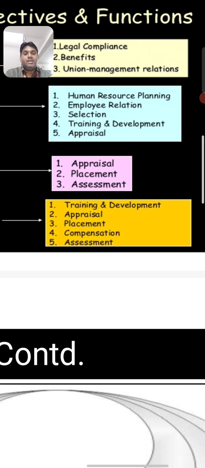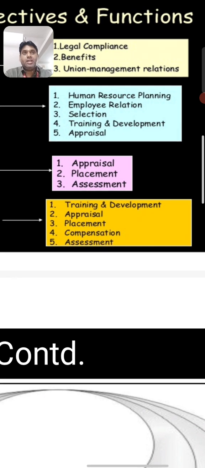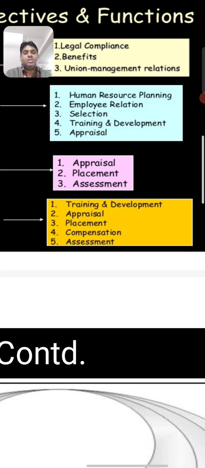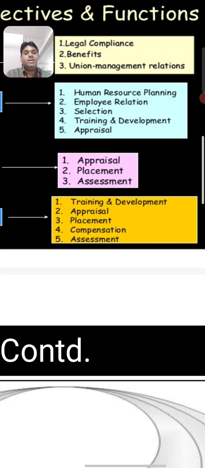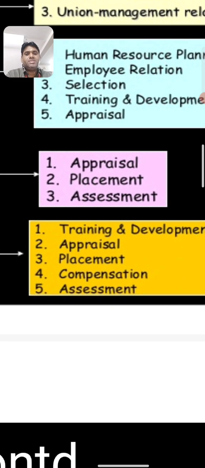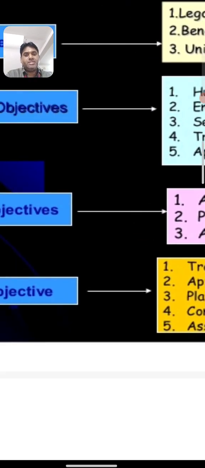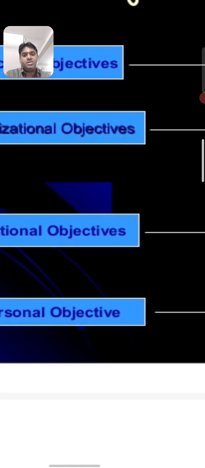That shows how you perform, how many are not performing, what sort of training they require, and how to develop them. So this acts as a tool. That comes under the second objective, called the organizational objective.